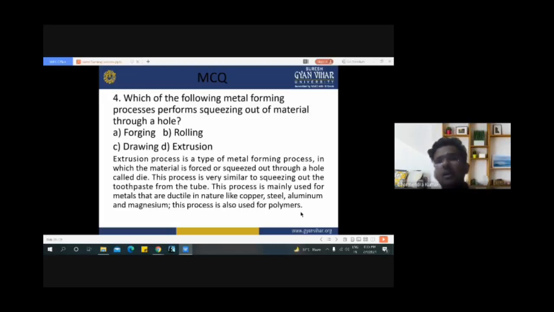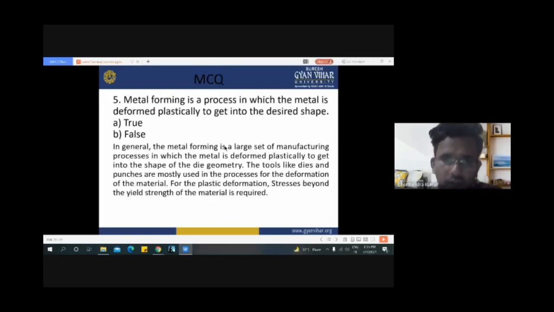In the forging process, we use hammering or mechanical or hydraulic force. In the rolling process, we use rolls, and in the drawing process, apart from squeezing, we pull out wires and tubes. Then our option is the extrusion process.